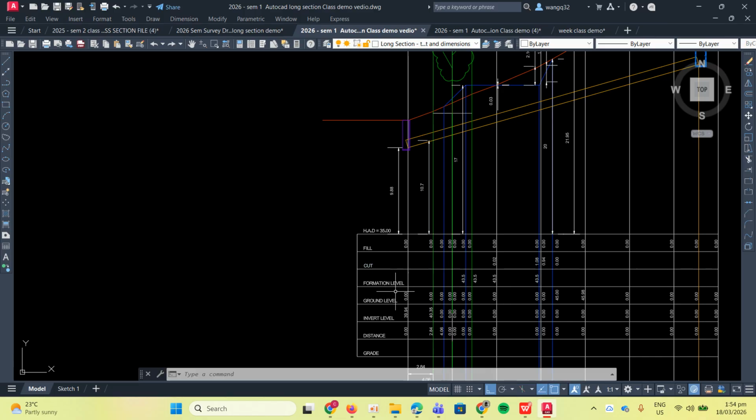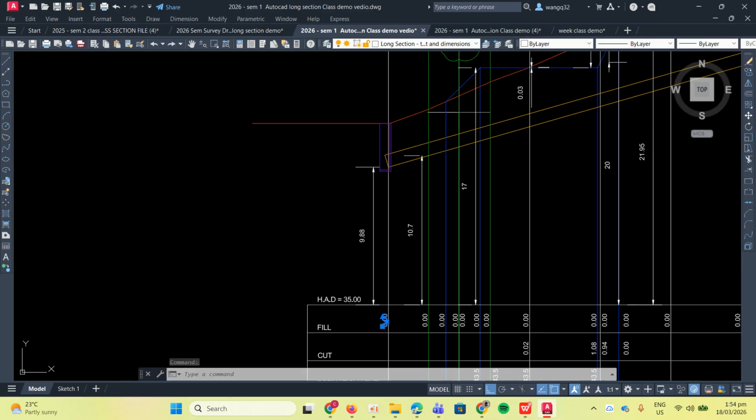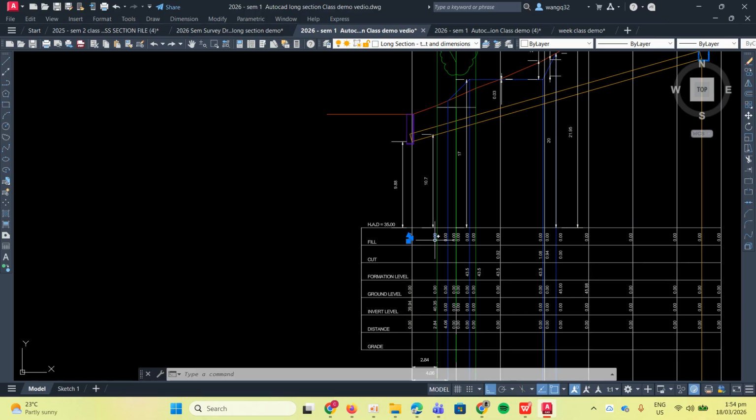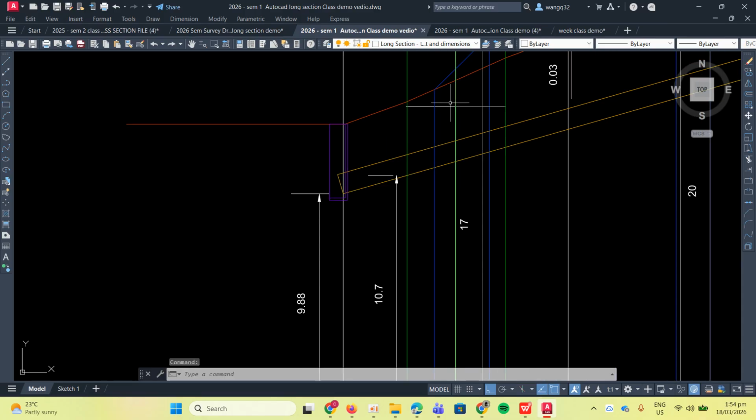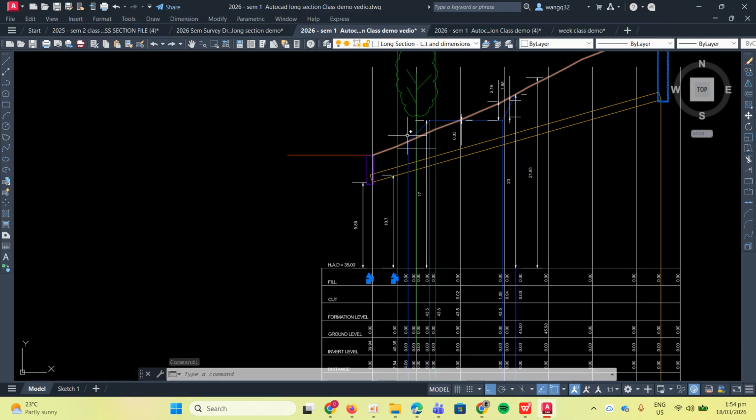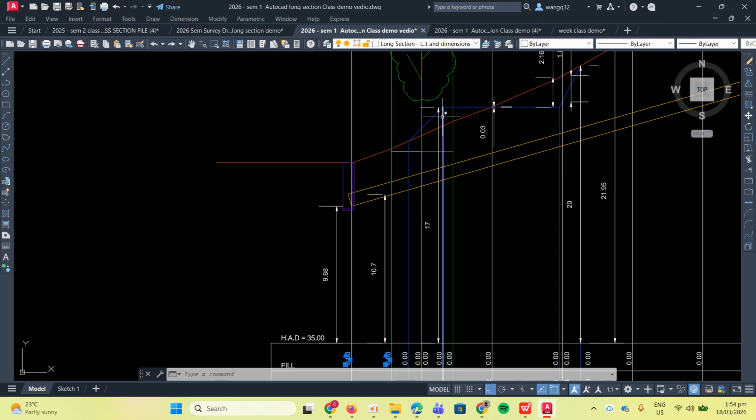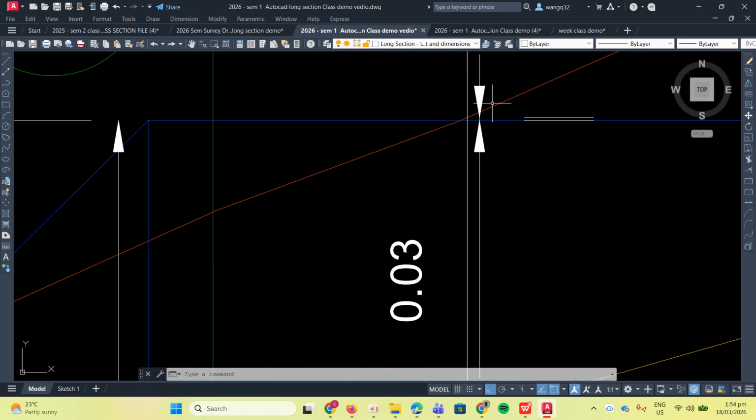That's our cut. For the fill, we need to do the same because there's no fill here. The fill starts from no fill here. So the fill will start from the top of our fill, which is here, and end up here, is it?